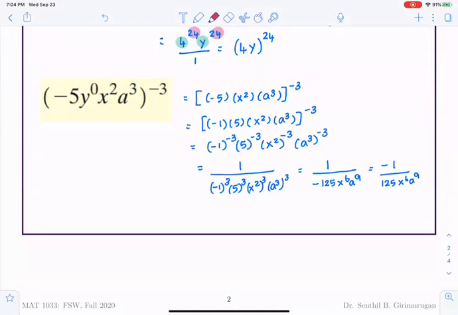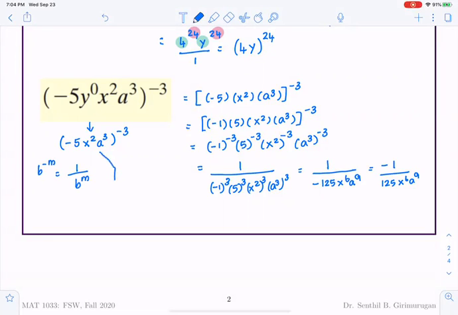Now, this is a good problem to demonstrate something. If you look inside the parentheses, every number has a positive exponent. And we are raising it to negative 3. And in the previous video, I mentioned that b raised negative m is simply 1 over b raised m.